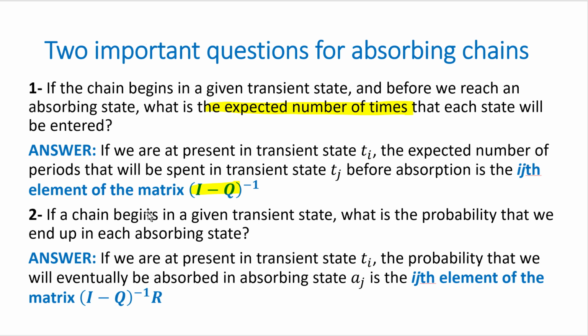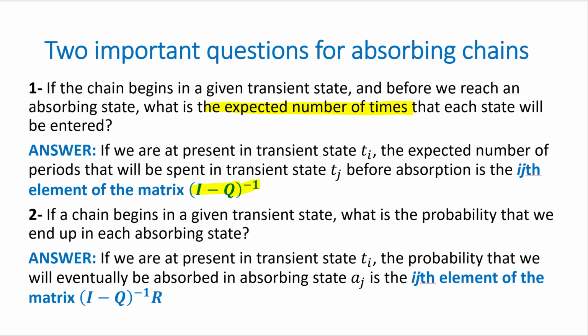Once you get the inverse, the ijth element of the matrix, row i, column j of this inverse that we calculated, tells us: if we are at present in transient state Ti, for example T2, which was 2 months overdue for the first example, the expected number of periods that will be spent in transient state Tj, for example 3 months overdue, or T1 in the second example was junior, T3 was partner, before absorption is the ijth element of the matrix.